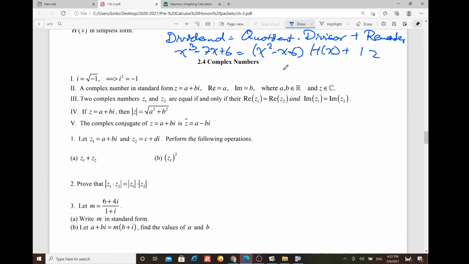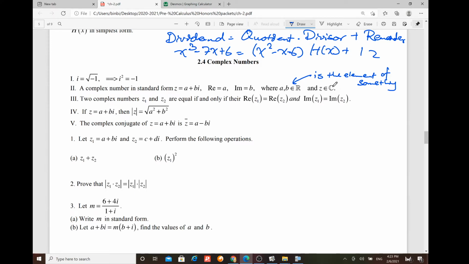Where a and b are arbitrary constants, which means they are all elements of the real numbers. If you see a symbol like that, the capital E, that means it's an element of something. So a and b are elements of the real numbers, and z is an element of the complex number field.